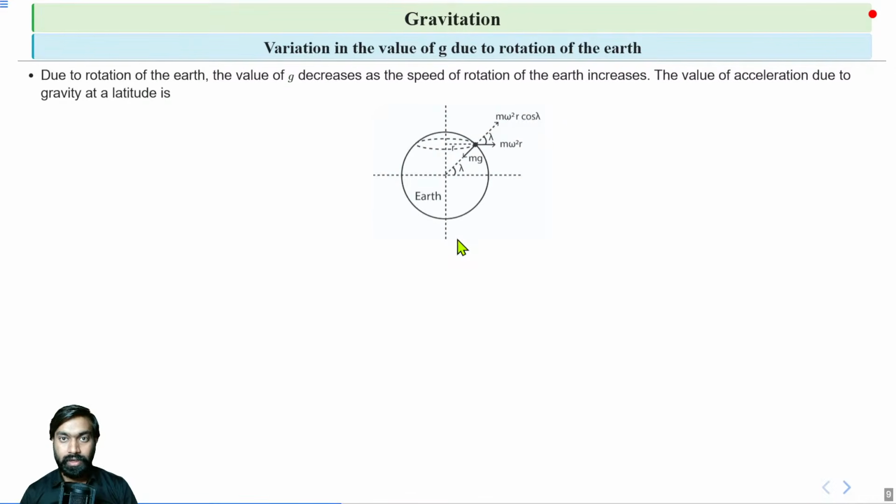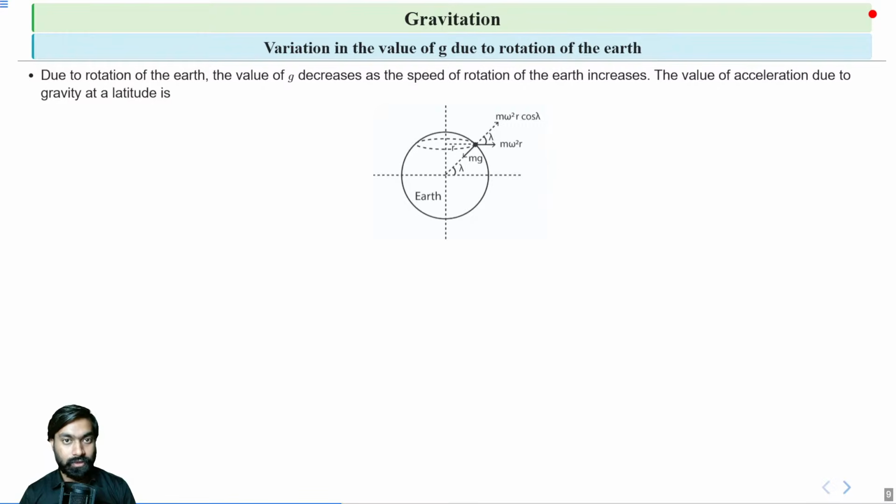Now let's discuss the variation in the value of acceleration due to gravity g due to earth's rotation. Due to rotation of the earth, the value of g decreases as the speed of the rotation of the earth increases.